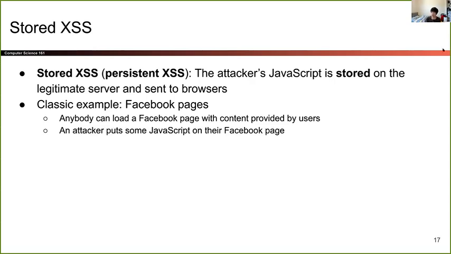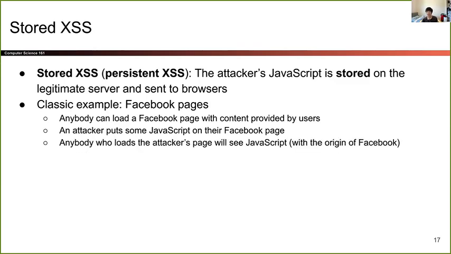If the attacker puts JavaScript on their Facebook page, then anyone can load their feed and see that JavaScript in their browser. So if Facebook has an XSS vulnerability, then I, as an attacker, could put my JavaScript on my Facebook account, and then anyone who loads my page will load that script and then execute that script. And then maybe I can steal their Facebook cookie or something.